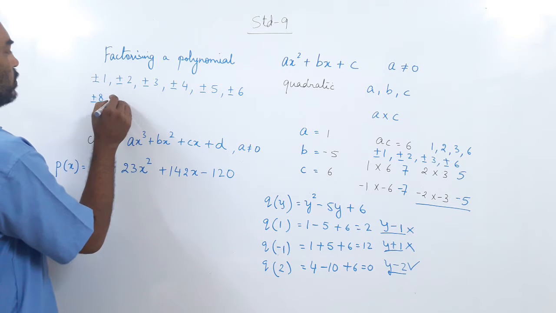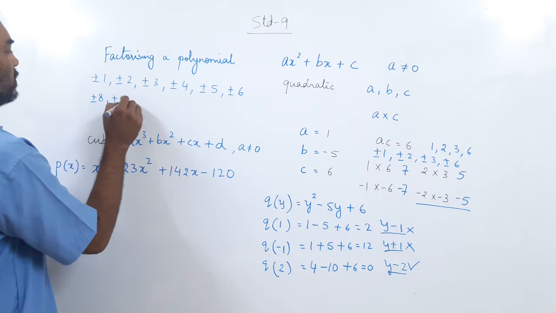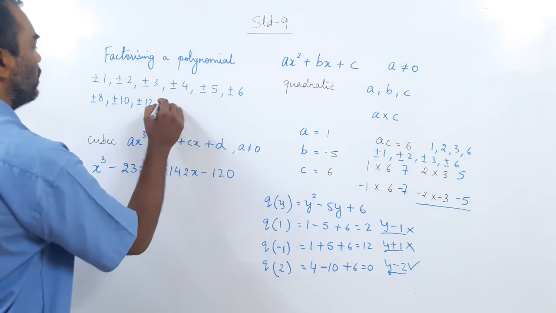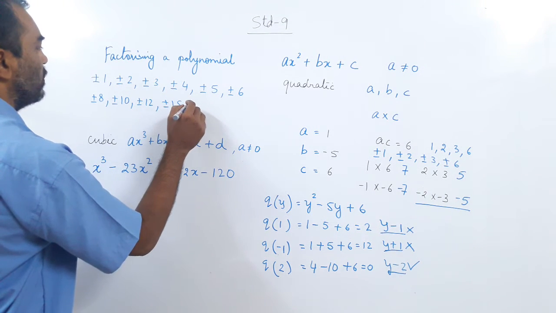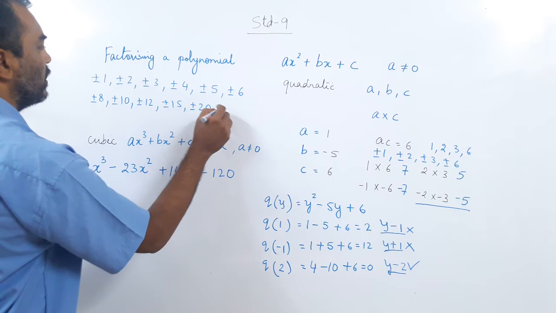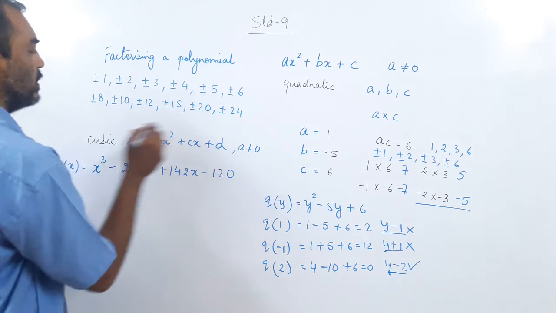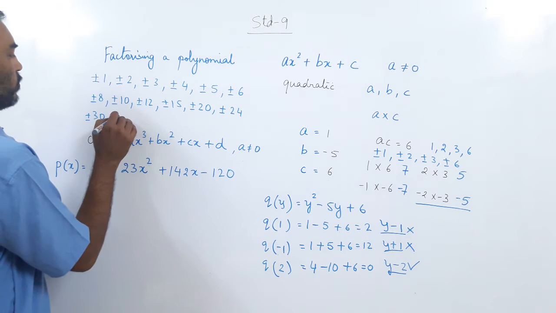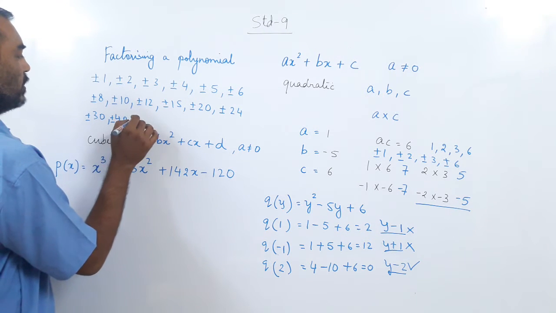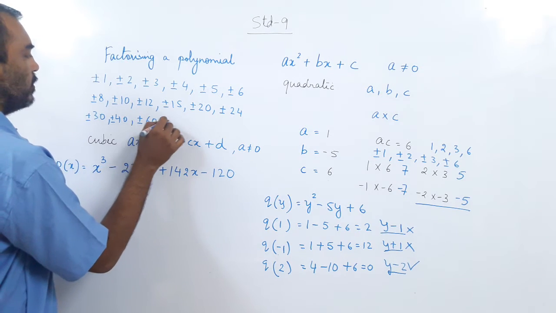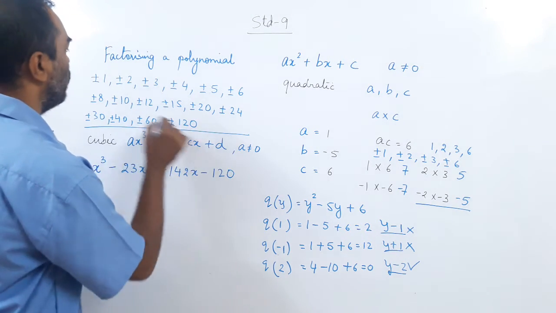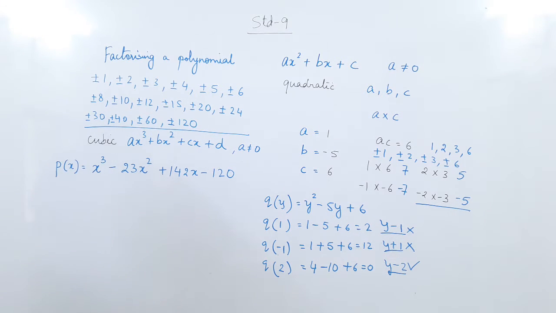Then we have got plus minus 10, plus minus 12, 12 10s are, 15 8s are, 20 6s are, 24 5s are, 30 4s are, 40 3s are, 60 and 120. So we have so many factors of 120.